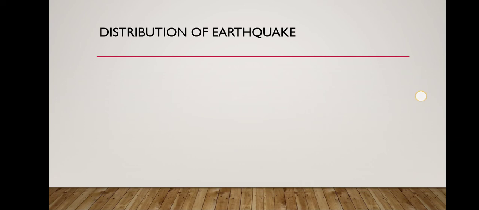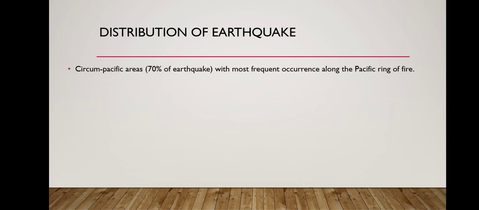Distribution of earthquakes. There are mainly three regions of earthquakes. The circum-Pacific areas, where 70% of earthquakes take place, with most frequent occurrence along the Pacific Ring of Fire.